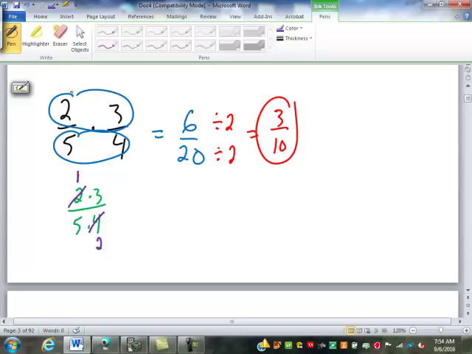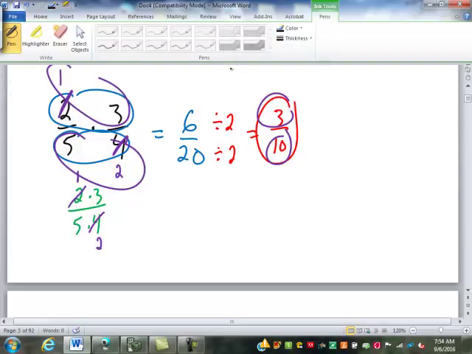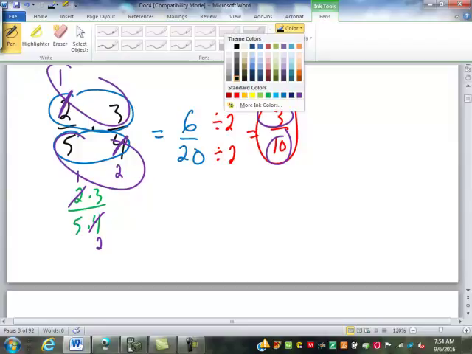So if I did that up here, reduce my 2 and the 4, divide by 2, give me 1 and 2. So now I have 1 times 3 is 3, 5 times 2 is 10. I've reduced it before I multiplied. Now in a problem like this one, it's pretty much the same amount of work to do it either way. It really doesn't matter.